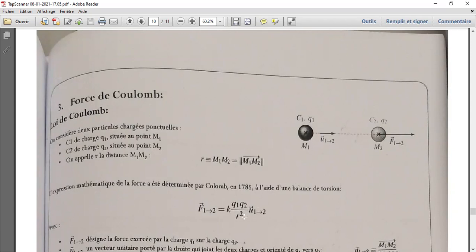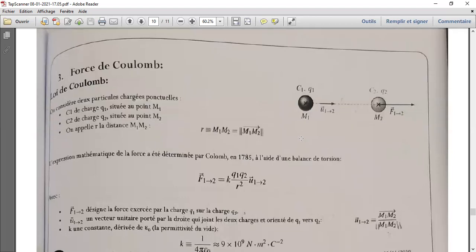Then times the unit vector u from 1 to 2. Q1 is the one exerting force on Q2, so the force is created from 1 to 2. That's why you see the vector u is 1 to 2.